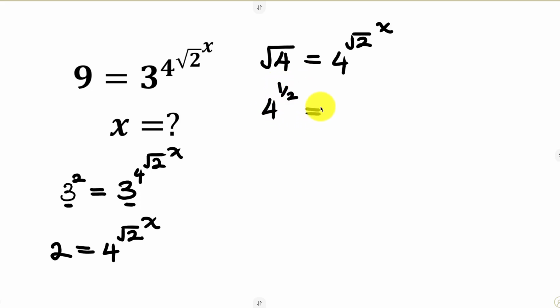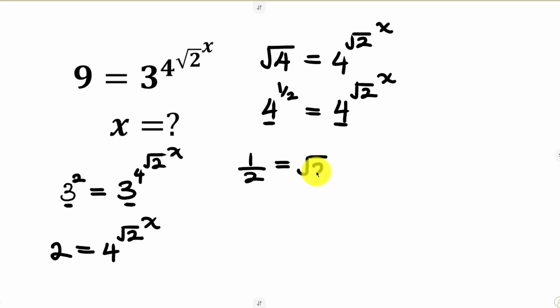This is equal to the right hand side, which is 4 raised to the power of 2 raised to the power of x. Once again, we see that the base on the left and the base on the right are the same, so we equate their powers. So the power on the left is 1 over 2. This is equal to the power on the right.